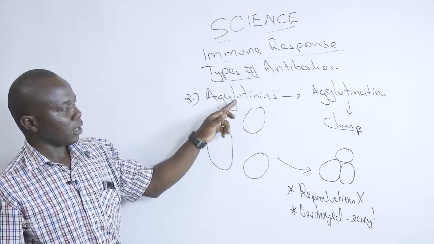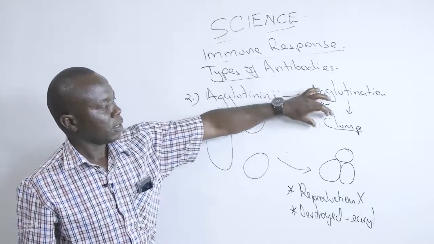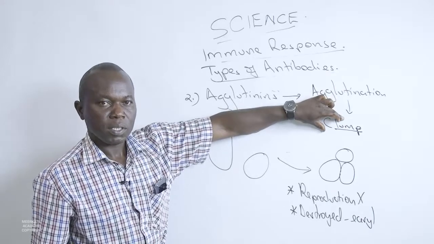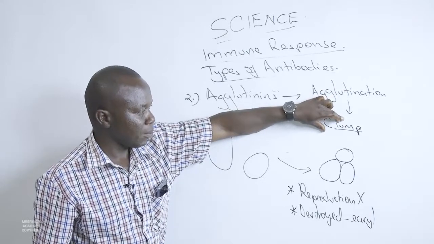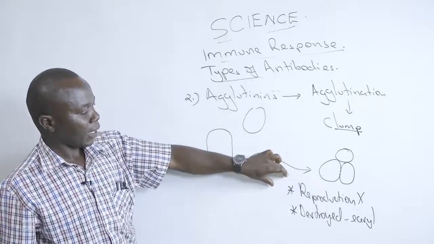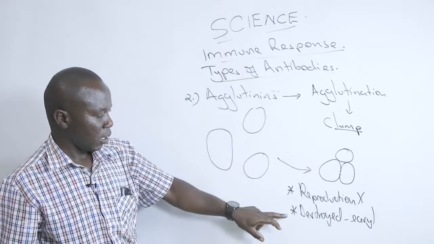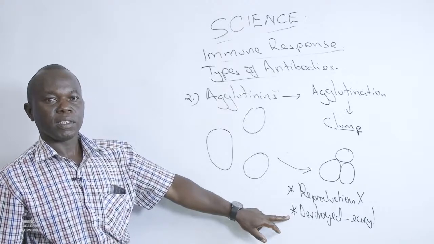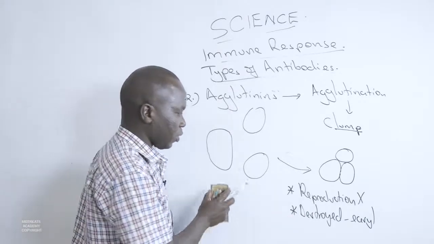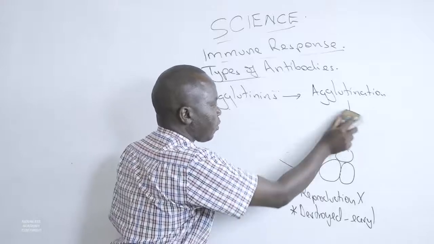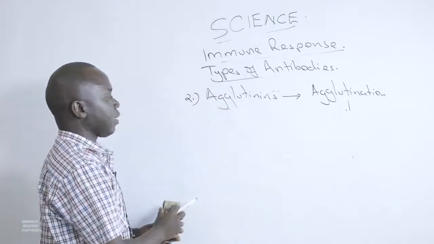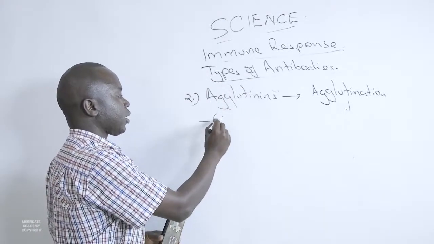So in a nutshell, we are saying agglutinins cause the pathogens to clamp together. When they clamp together, it interferes with reproduction, and also it becomes very easy for phagocytes to destroy them.